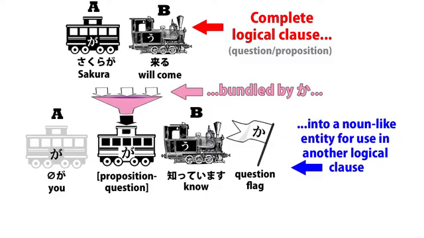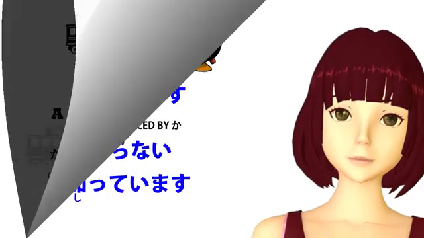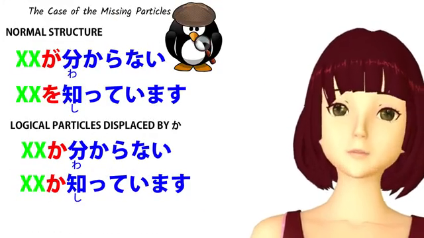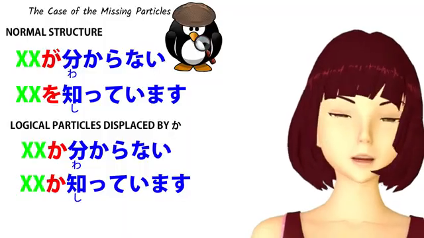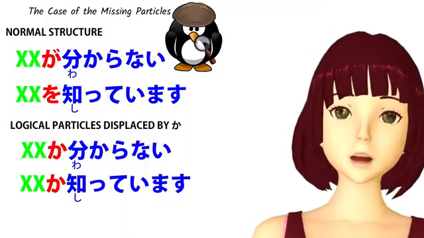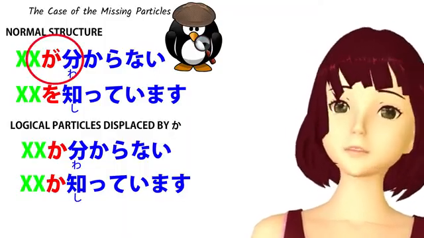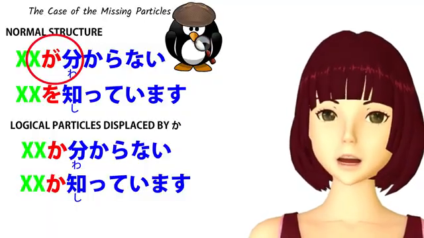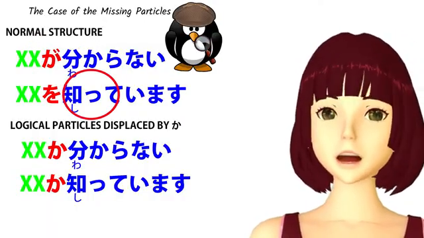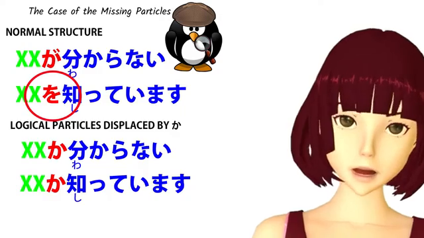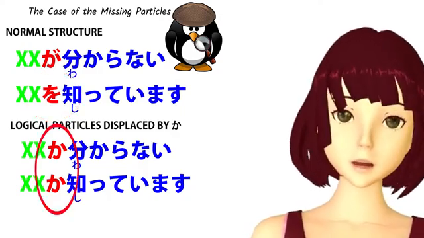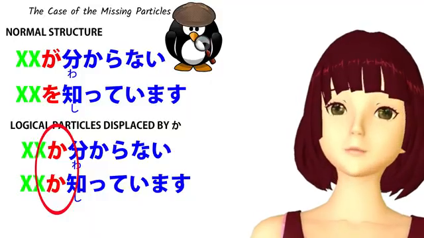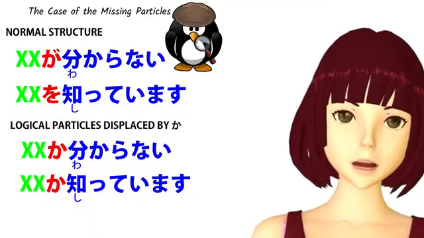And the second thing we need to notice is that ka displaces normal logical particles most of the time. So, normally when we say wakaranai, you say nani nani ga wakaranai. If we say shiteru, we say nani nani wo shiteru. But in this case, the ka particle displaces the normal logical particle.